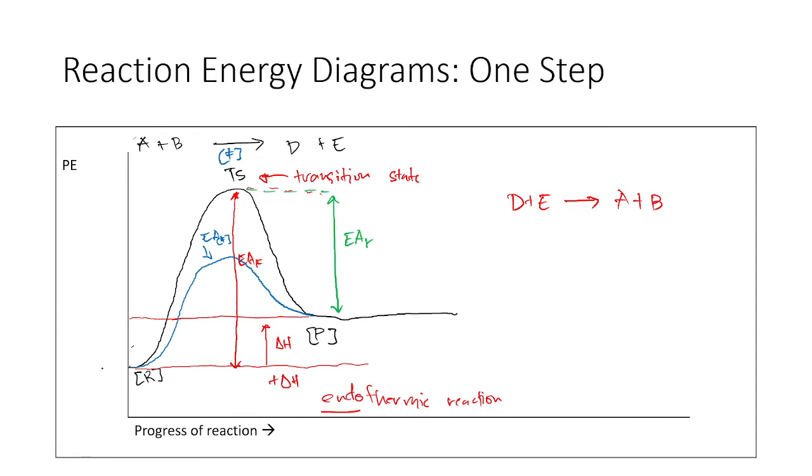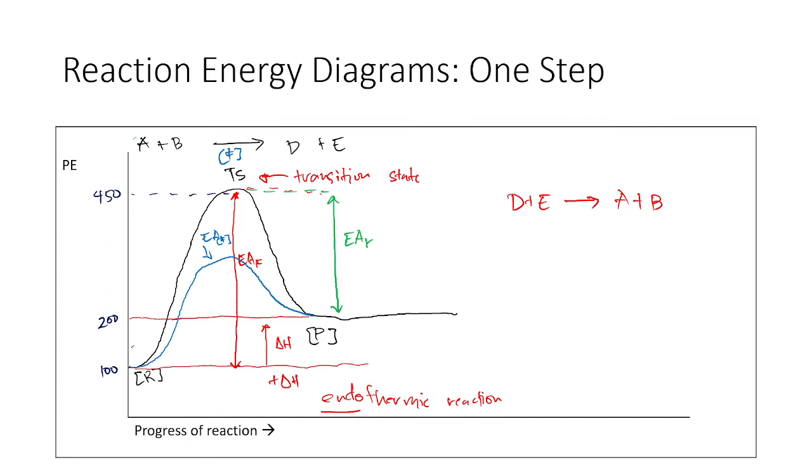The potential energy of our reactant is 100. The potential energy of our product is, say, 200. And our TS or transition state is 450.